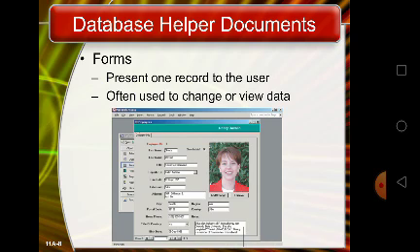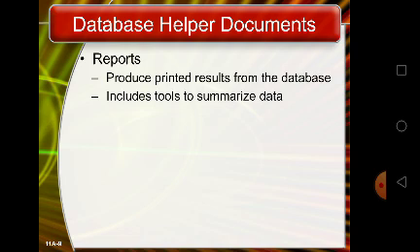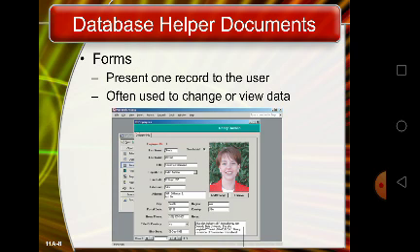Two of the most common elements of a database are forms and reports. Forms are documents that are filled in to create records, often used to change or view data.